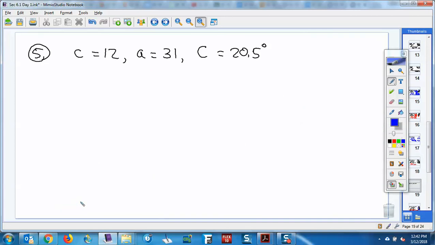Draw it first. Let's see if you can draw it and put everything in the right places.